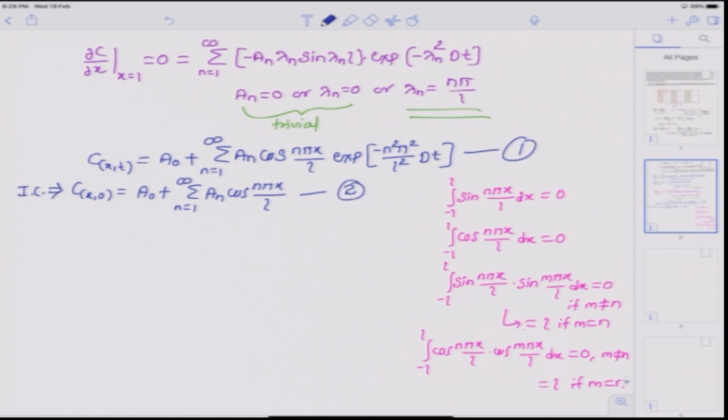Now, to make use of these properties of the integrals, let us first take the integral on both sides between minus L and L of equation 2. So, we get integral minus L to L C of x 0 dx should be equal to a 0 integral minus L to L dx plus sigma n equal to 1 to infinity.